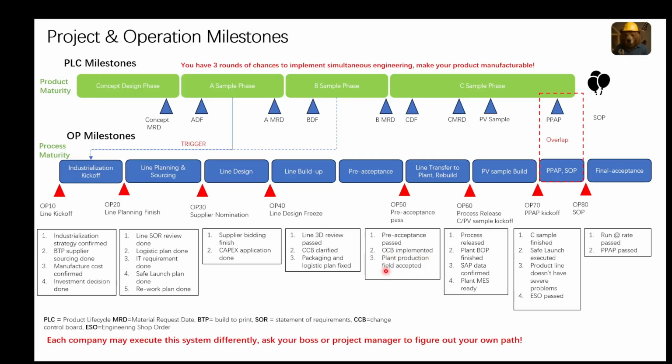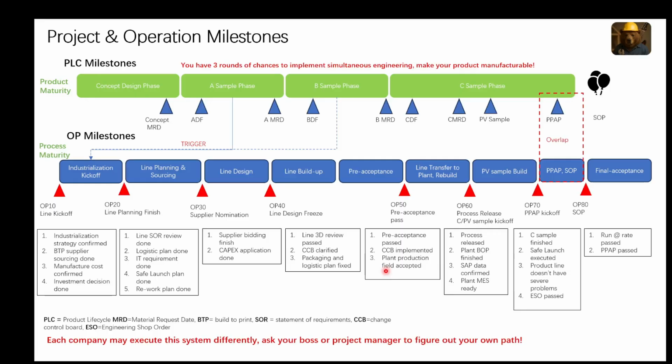Then the plant production field is accepted. You need to give your plant team the information about your line. Normally there are several pieces of information that you need to give them: the layout chart, layout drawing, the energy consumption, and the compressed air, and so on.